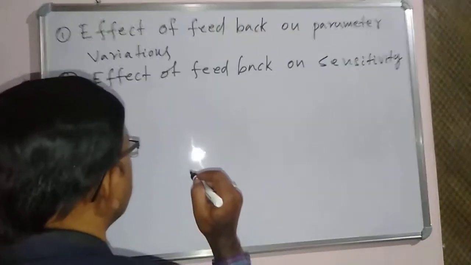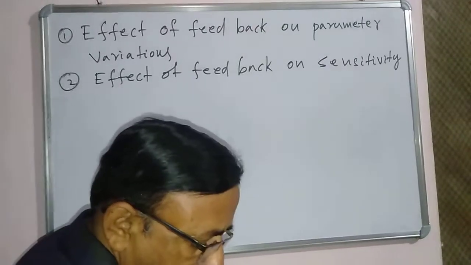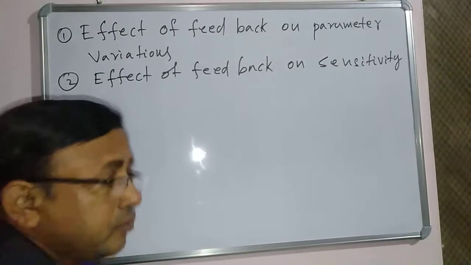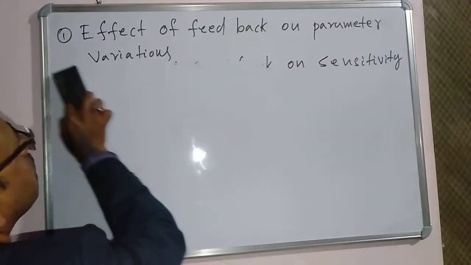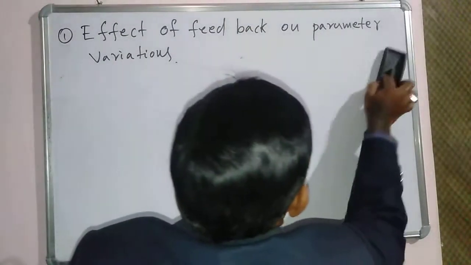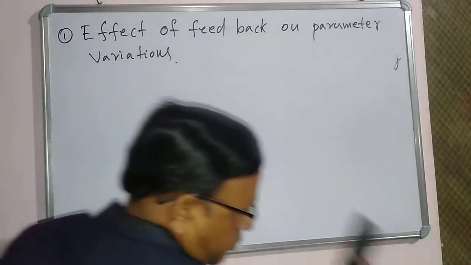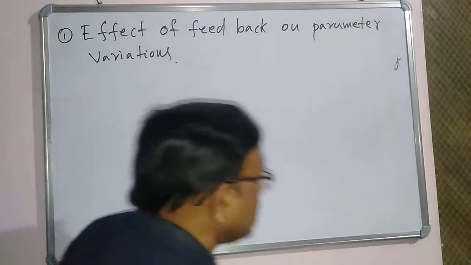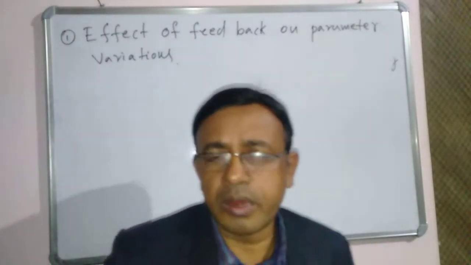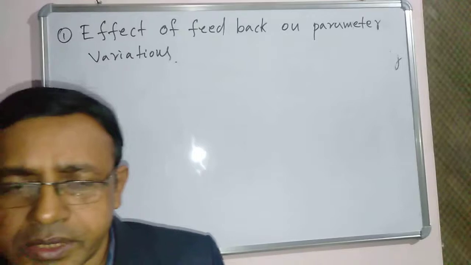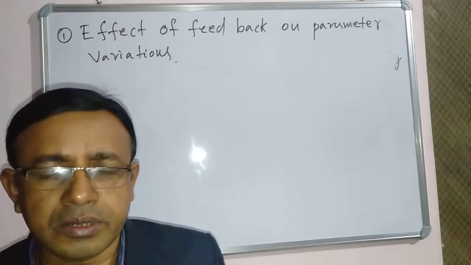So let us start. The first topic is the effect of feedback on parameter variations. To understand this, let us take one example of a non-feedback system, that is your open loop control system.